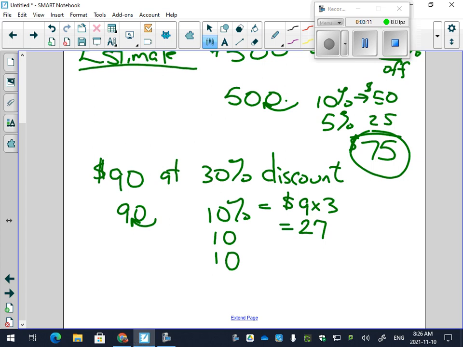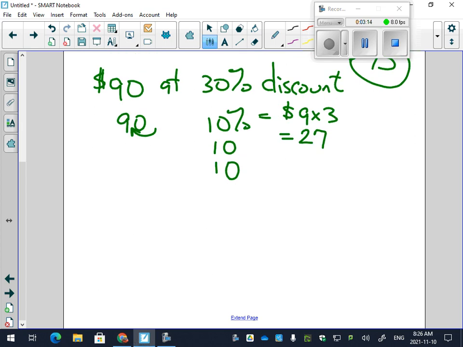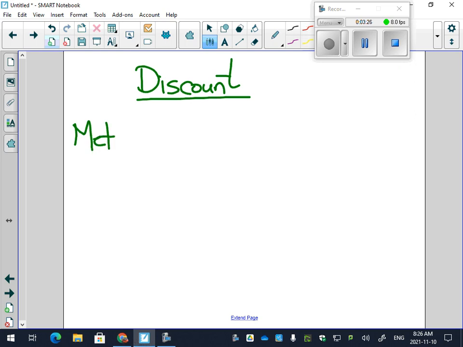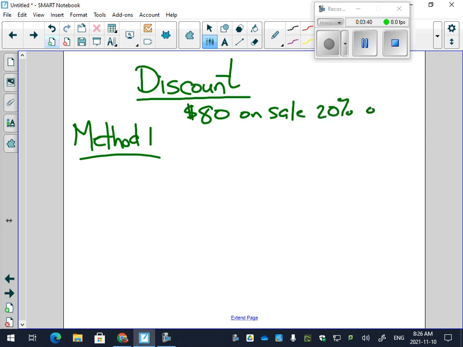Okay, so now we're going to, just like yesterday, look at 2 different ways to actually calculate discount. So there are the 2 methods. I want you to use the second, but you may not be ready for it. So method 1 writes it all out so you can see it. So we'll start with an $80 item on sale, 20% off. So we would first start by taking 20% of 80.